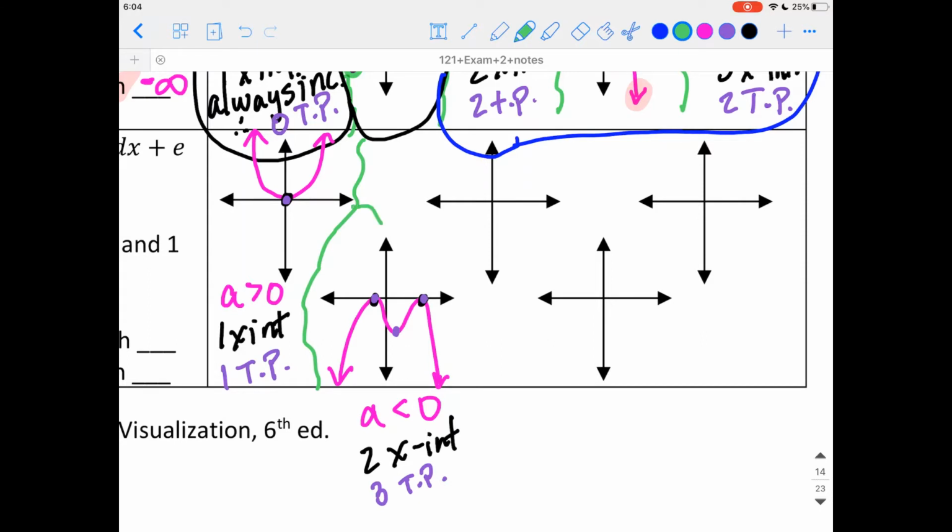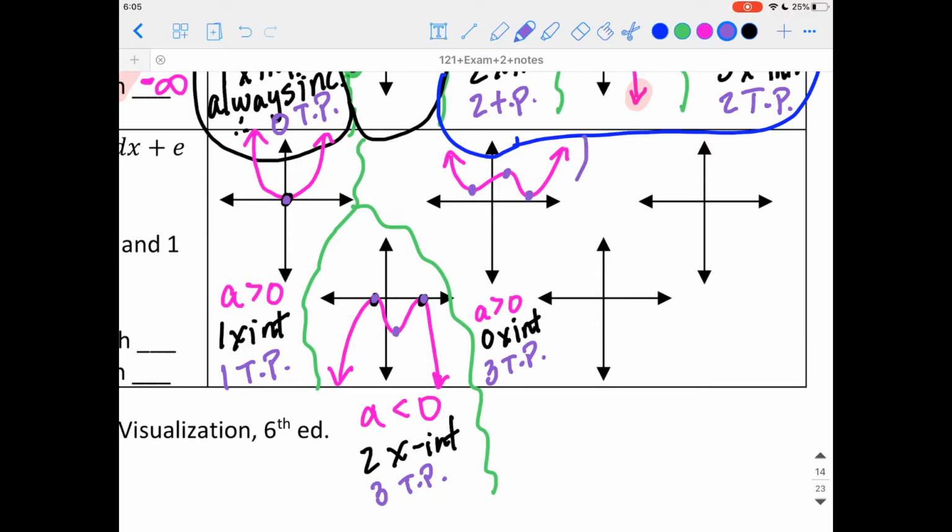The next kid that we can have here, let's have this one. So for this one, my a is greater than 0. I have 0 x-intercepts. It's not crossing the x-axis. And I have 3 turning points. 1, 2, 3.